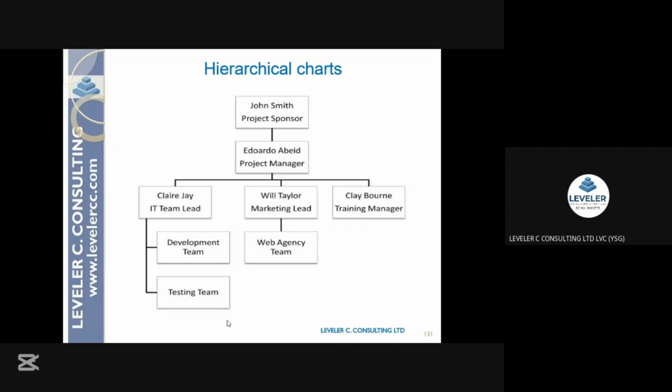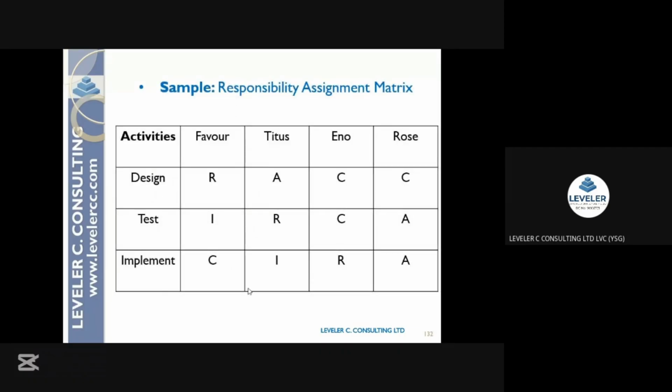So let's make progress. Now let's look at this simple matrix table. There's another way for us to draw an organogram, and that way is a matrix. This table is a responsibility assignment matrix table. Yes, matrix means table. I think this is a 5 by 4 matrix table.